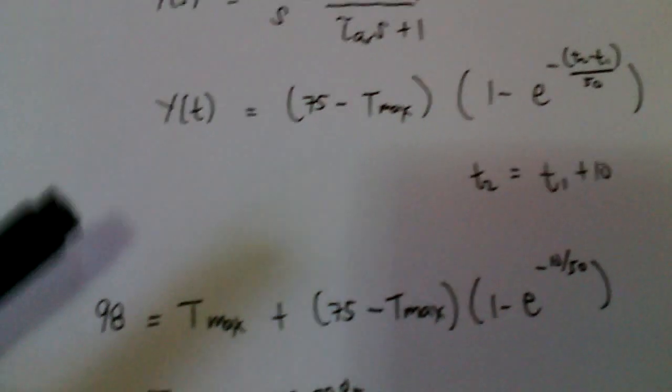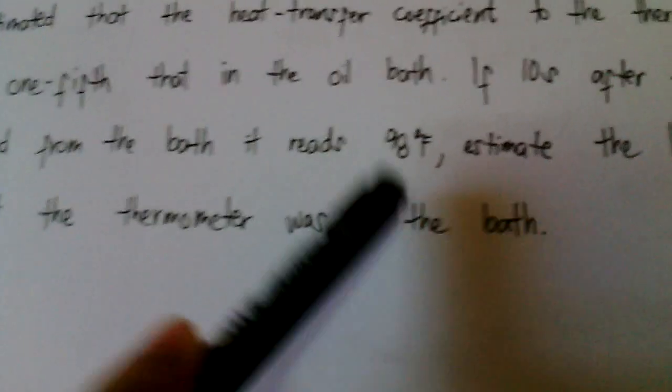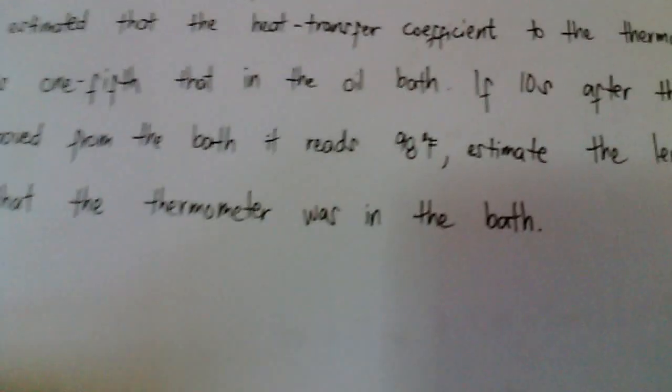As you reviewed in the problem, 10 seconds after the thermometer is removed from the bath, it reaches 98 degrees Fahrenheit. So estimate the length of time that the thermometer was in the bath. The length of time would be the T1, and it reaches 98 degrees Fahrenheit.